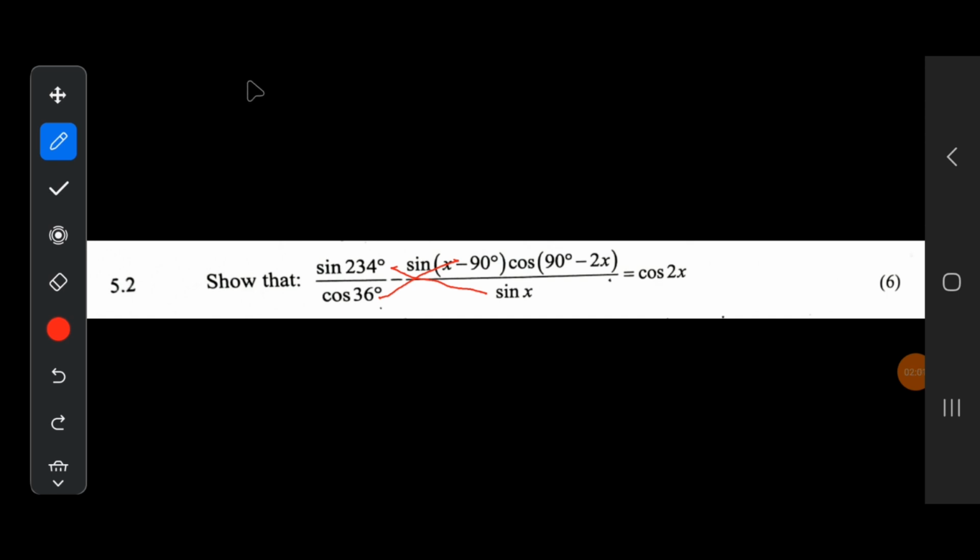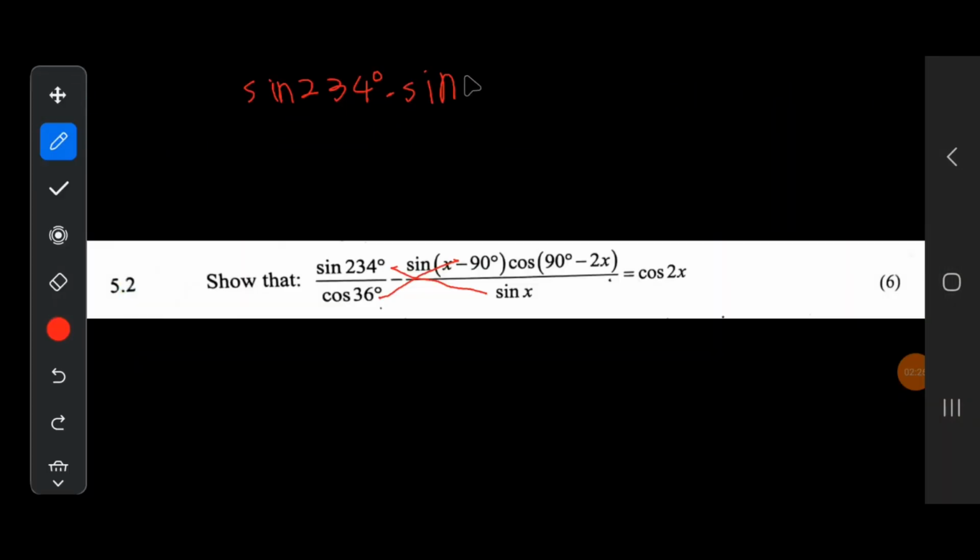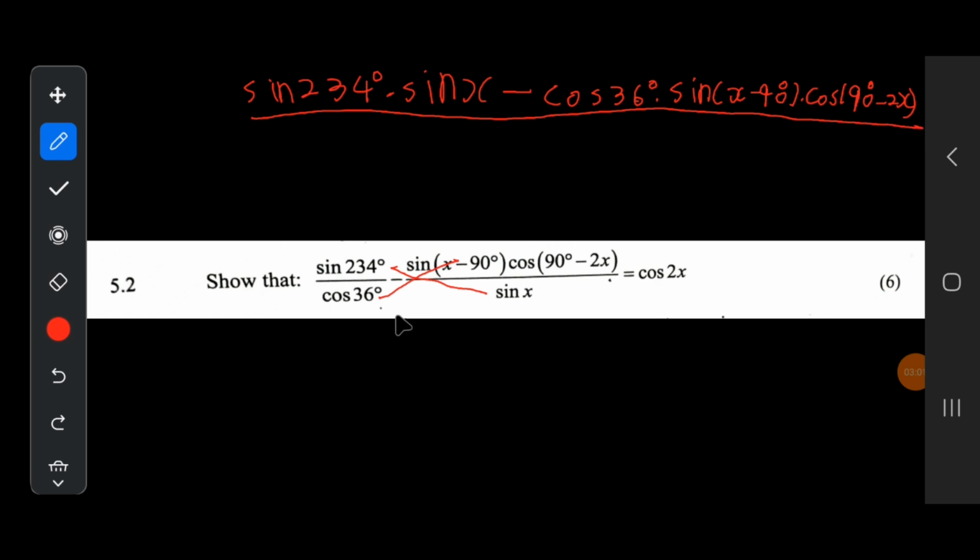So we're going to have sine 234 degrees multiplied by sine x, subtracting cos 36 degrees multiplied by sine of x minus 90 degrees, cos of 90 minus 2x, all over the denominators multiplying each other.